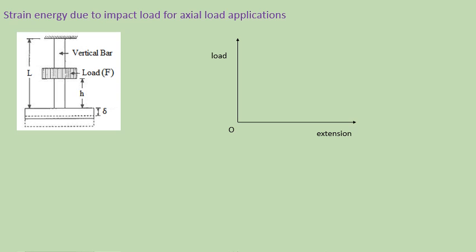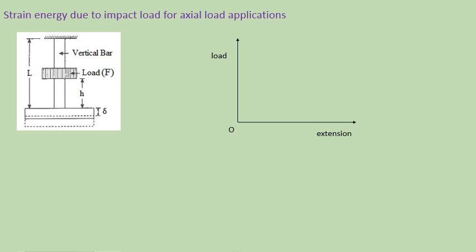There are three specific assumptions made. First one, the weight W falls freely. Second one, the support is rigid. And third one, the falling weight does not bounce off and there is no loss of energy on striking the collar.